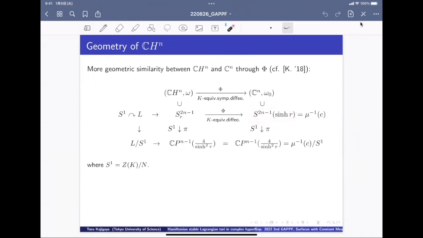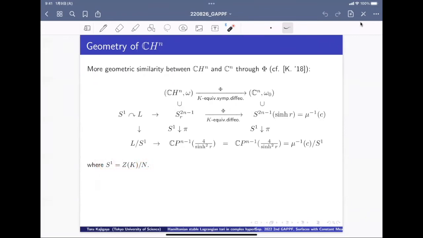Moreover, from a symplectic geometric point of view, these orbits actually coincide with a regular level set of the moment map of the S1 action, where S1 is obtained by the center of K divided by the normal subgroup.